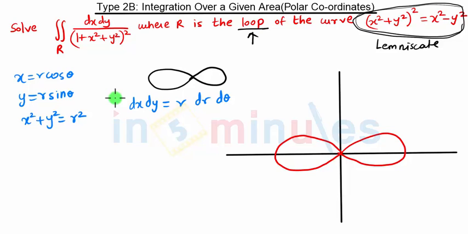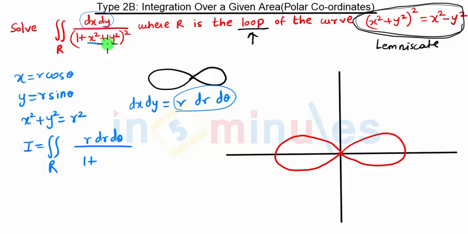Now we substitute all the terms. Our integration becomes I equal to the integral over region R of r dr d theta upon 1 plus x square plus y square, which we substitute as r square the whole square. So this is our new integration in polar coordinates.